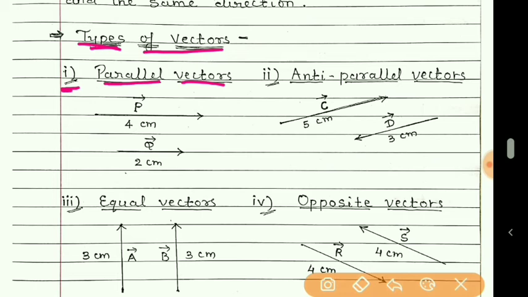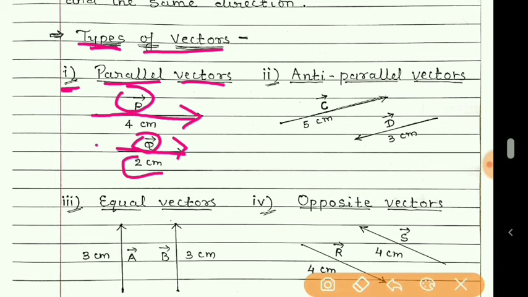When can we say that the two given vectors are parallel to each other? So students, you can see here a vector P and vector Q are given. Their direction is same. So if the direction is same, they are parallel to each other, means they are parallel vectors.